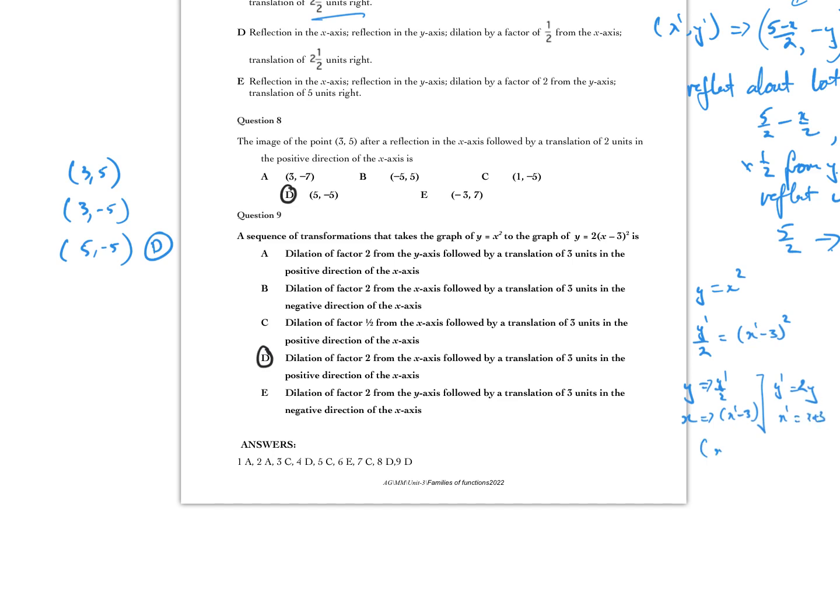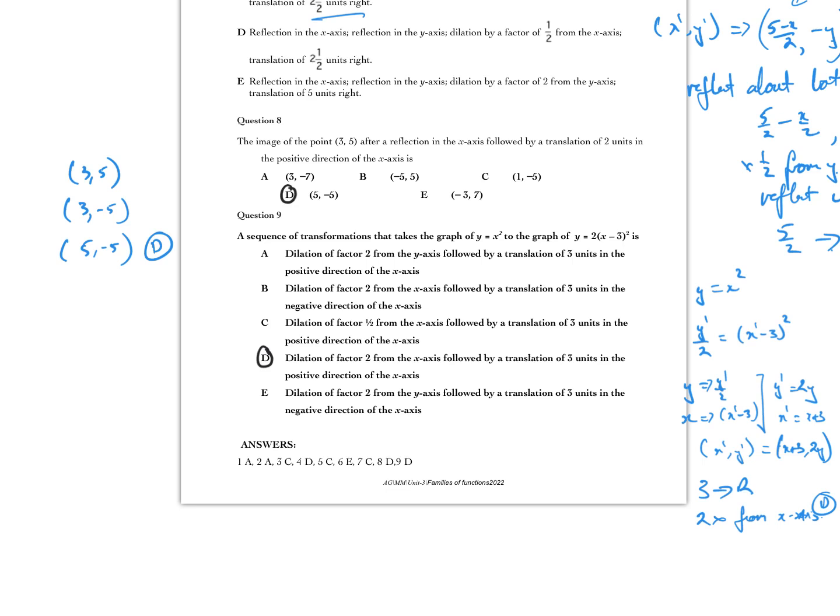So my new coordinate, x dashed, y dashed, is equal to x plus 3, 2y. So that's 3 units to the right and, if I multiply the y value by 2, a dilation by 2 from the x-axis. So 3 right and 2 from the x is D, as we've got marked there.